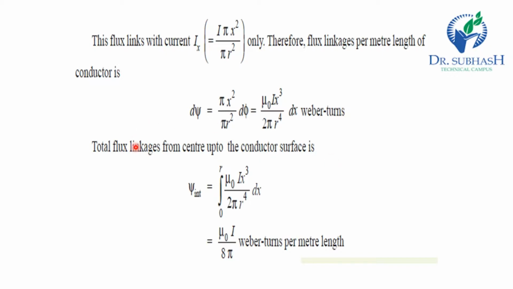The internal flux linkage ψ internal is the integration from 0 to r of dψ, which is μ0 I x³ by 2π r⁴ dx. Integrating this equation, we find μ0 I by 8π Weber turns per meter length, which is the flux linkage due to internal flux in a single conductor.